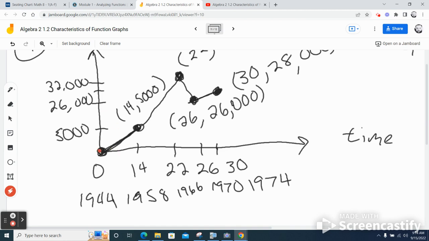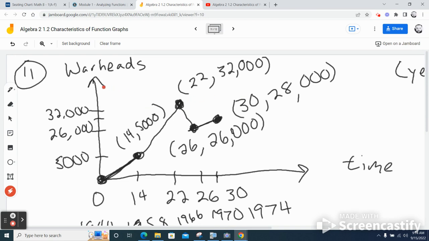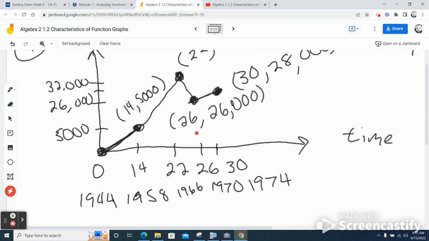Time is always our independent variable. I can't think of a time when time was not the independent variable. In other words, we're comparing the number of warheads over time. So that means that our warheads would be the dependent variable or y-axis, and time is almost always our x-axis. So I'm going to plot a point here at 14, 5,000.